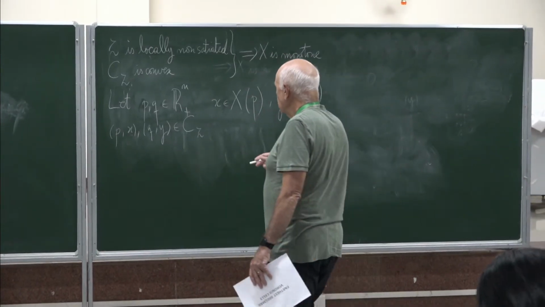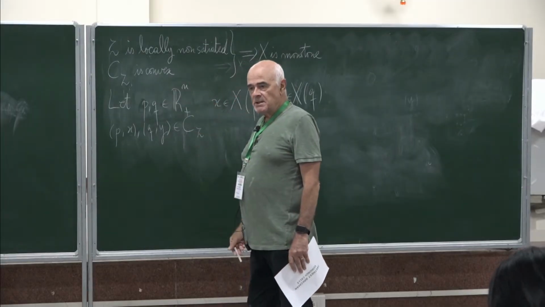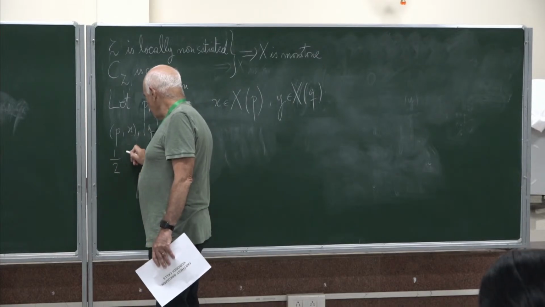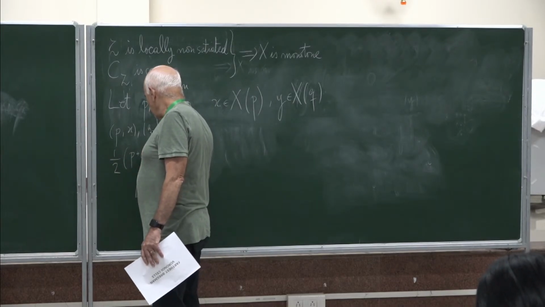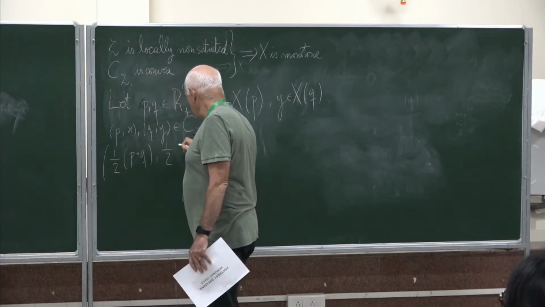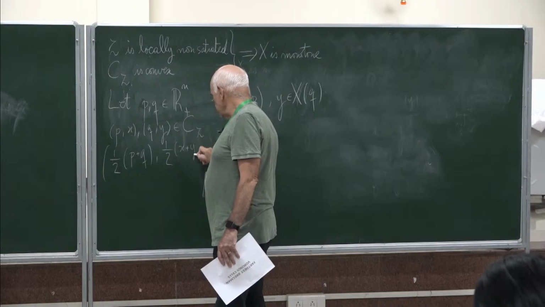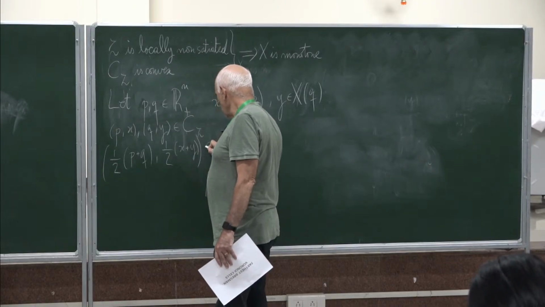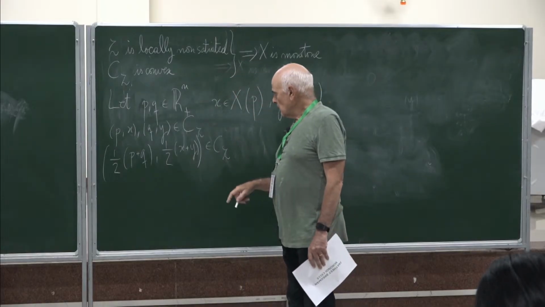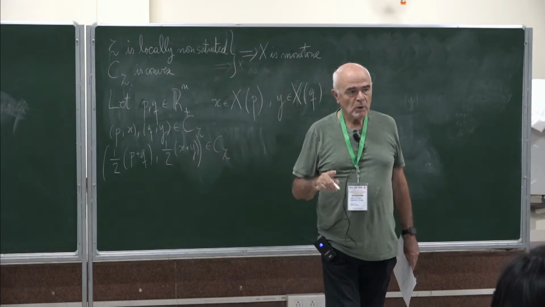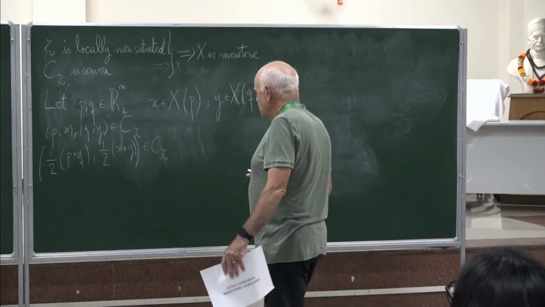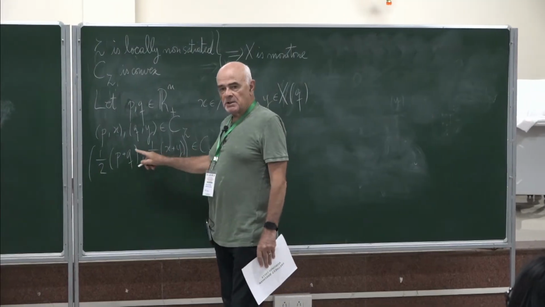Then, because we are assuming convexity, we have that (1/2 P plus Q, 1/2 X plus Y) belongs to C. I don't know anymore if 1/2 X plus Y satisfies the budget constraint under these prices or not.